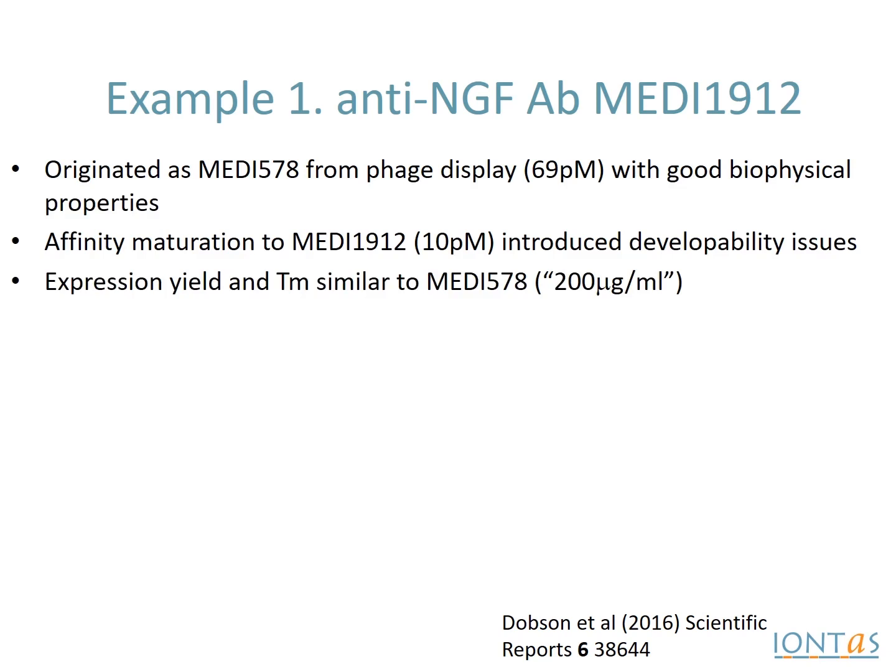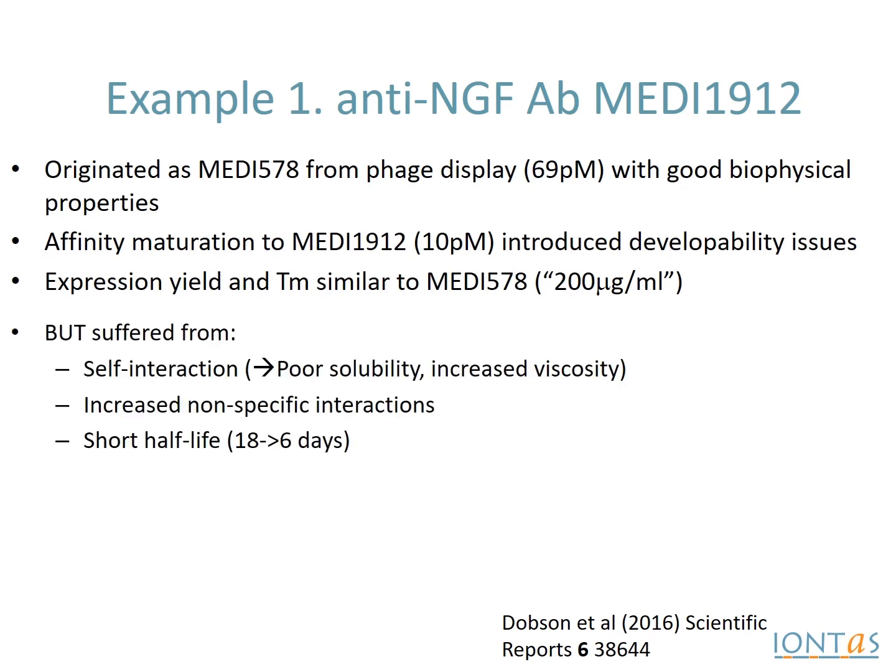However, when one started trying to work with the antibody, concentrate it up and so on, it became apparent that liabilities had been introduced. The new antibody suffered from self-interaction, resulting in precipitation at relatively low concentration and increased viscosity of preparations of this antibody.